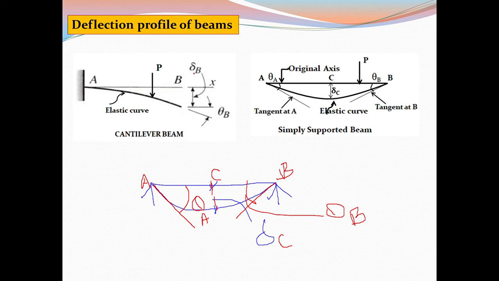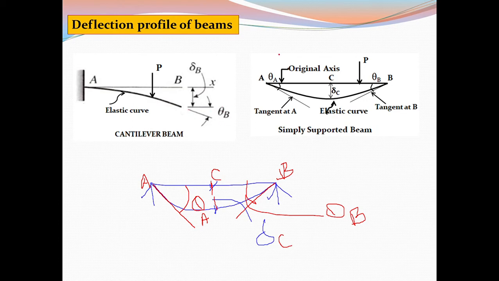So it is delta B. But at A it is a fixed end and there is no deflection. So what is theta B? You draw a tangent to the deflected profile. This is the tangent. The original profile is a straight line. The angle between the original profile of the beam and the tangent is known as theta.